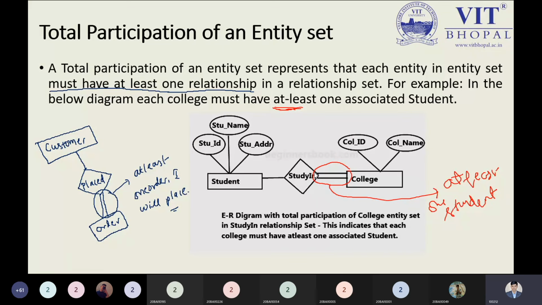So here we have a total participation. At least one piece of information will be communicated with the relationship. We have at least one relationship to define the one piece of information that we are getting from the data. So there is at least one guarantee. So our one piece of information will exist in our relationship. That is the point. The total participation means defining at least one relationship. A relationship value will exist when we have some data, but we don't have any data.